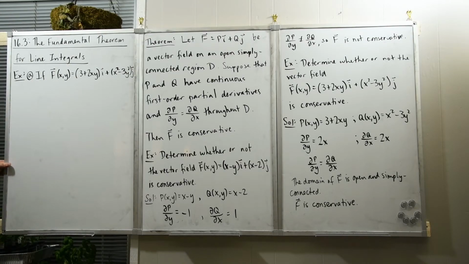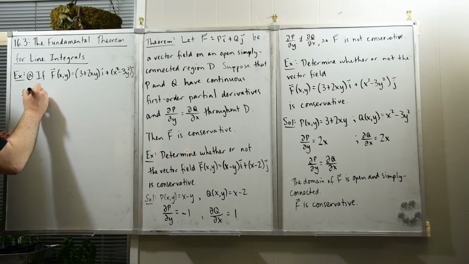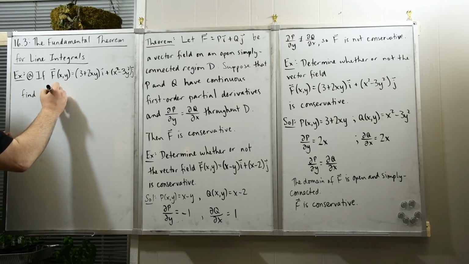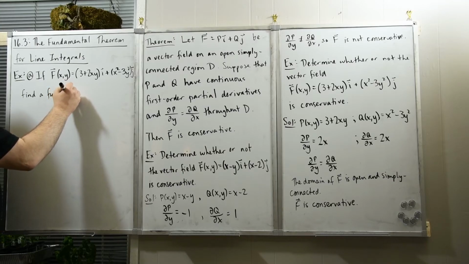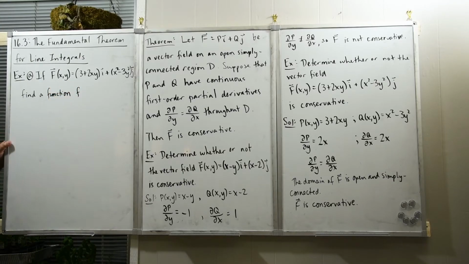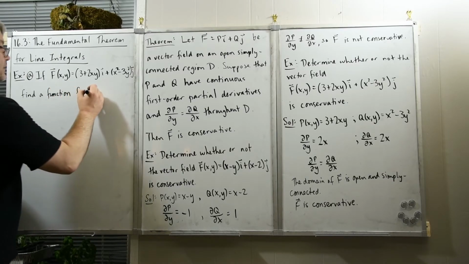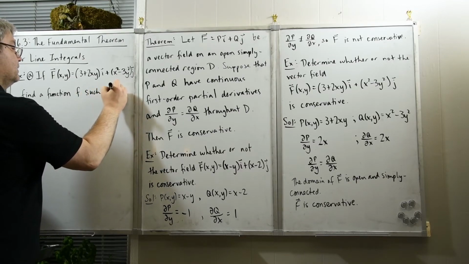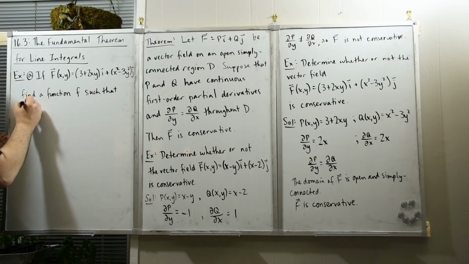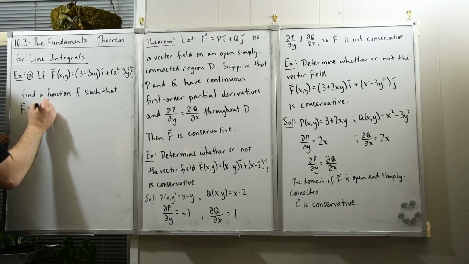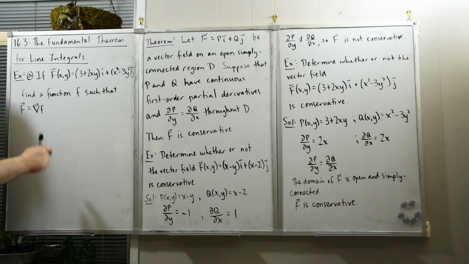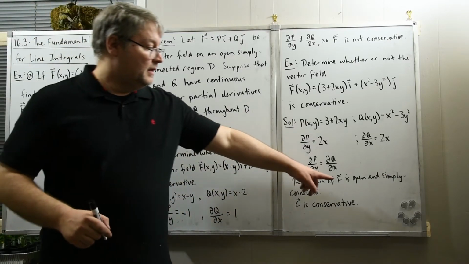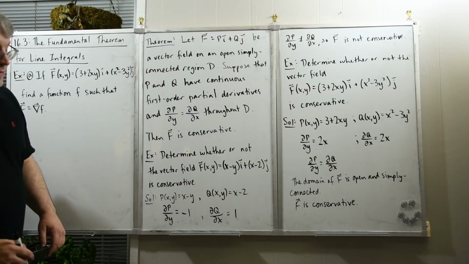So if F is defined this way, then we're going to find a function little f such that big F is the gradient of little f. Now we know that such a little f exists because in the previous example we showed that big F is conservative.